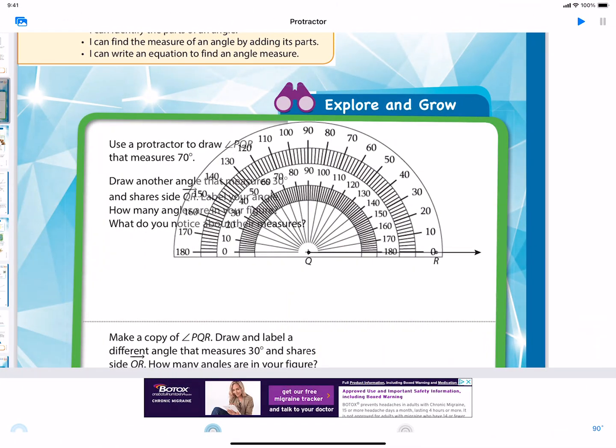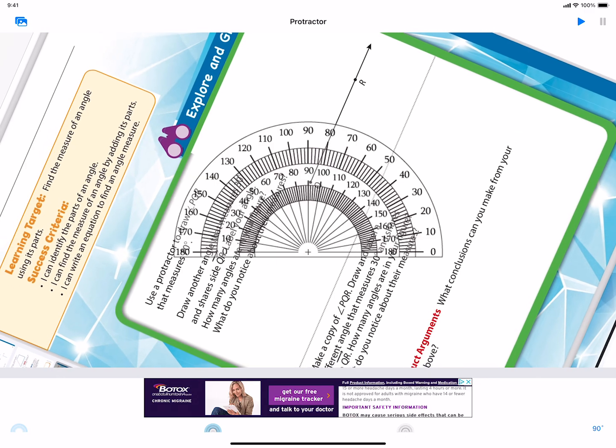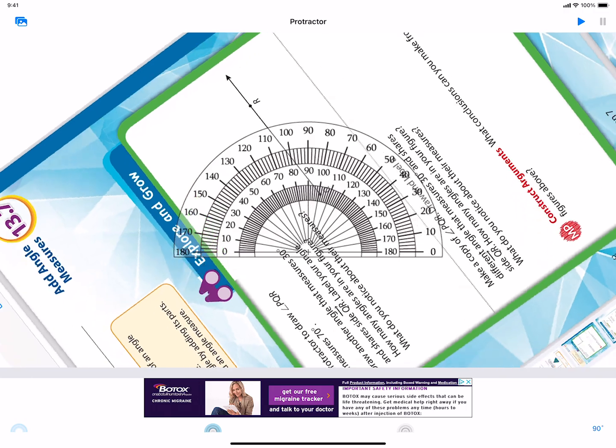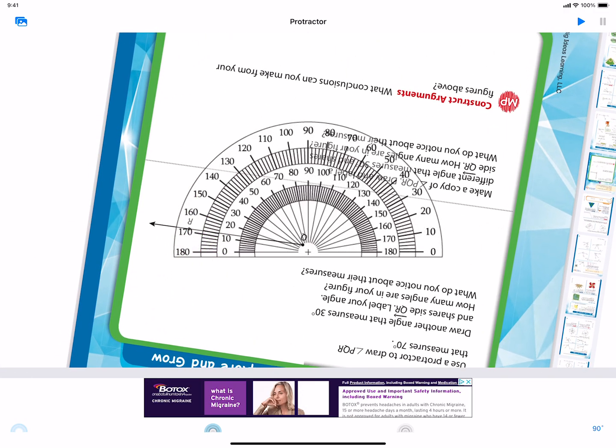So what I'm going to do is turn my paper, but you can also turn your protractor, and I'm going to use this here.